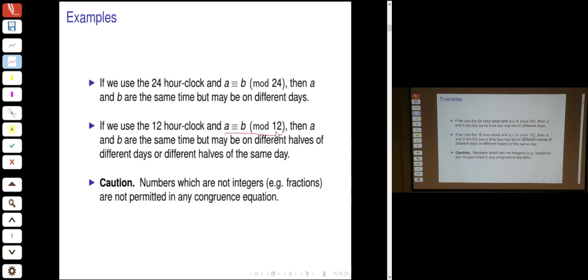So, a and b are the same time, but they may be on different halves of the same day or different halves of different days. Essentially, a is congruent to b mod 12 means that it is the same time up to am or pm. So, it is 7 o'clock and you do not care about whether it is am or pm.